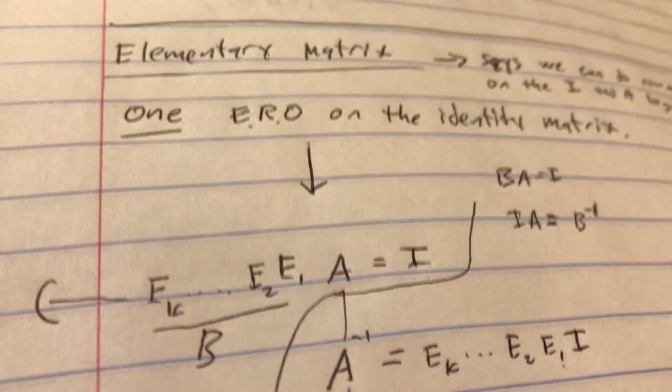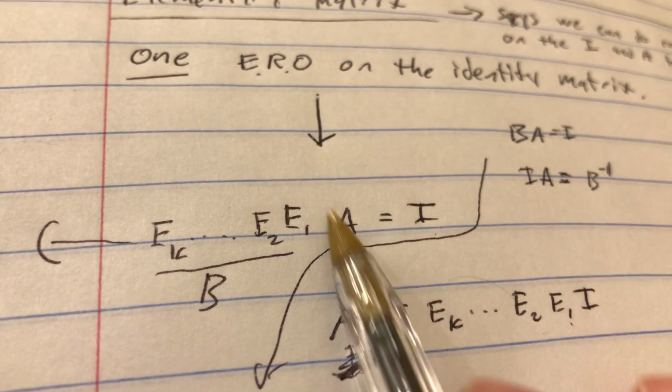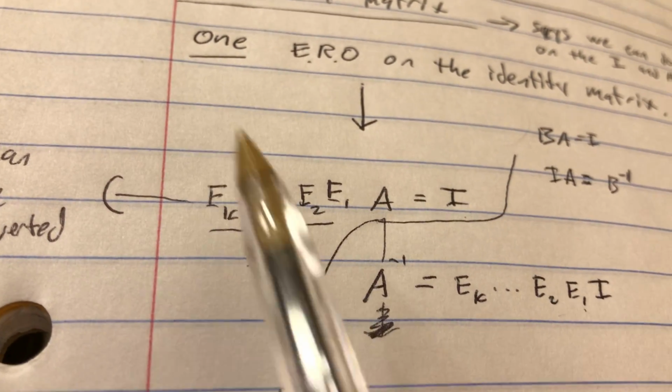So one elementary row operation on the identity matrix. Actually, that doesn't apply to this, so let's start with this equation.